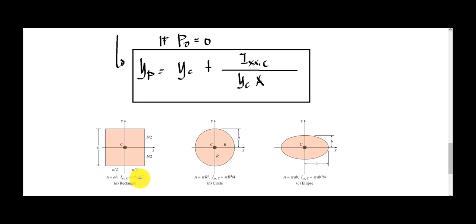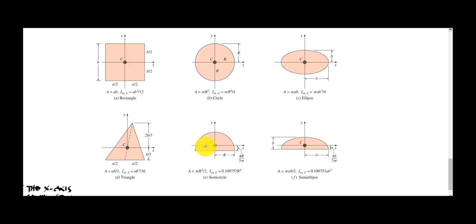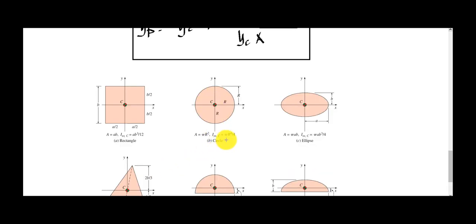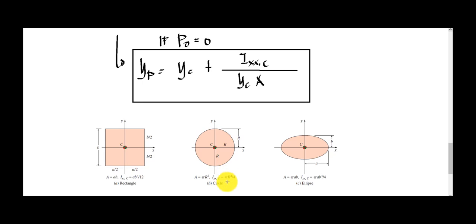These are already constant values that will be used, where A is the given length of your rectangle and B is your width, which is raised to the cube. Also, if you are using a circle, the value is pi r to the fourth divided by 4.